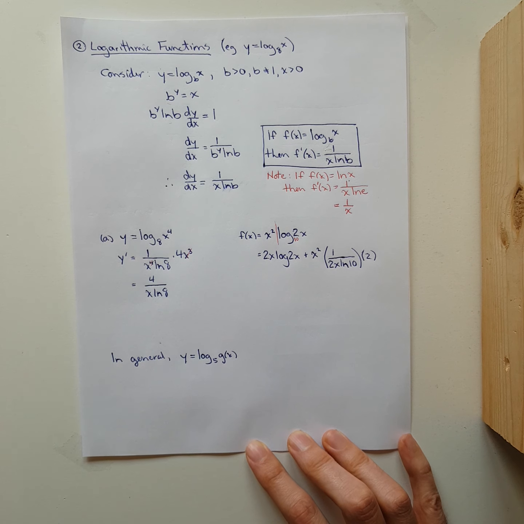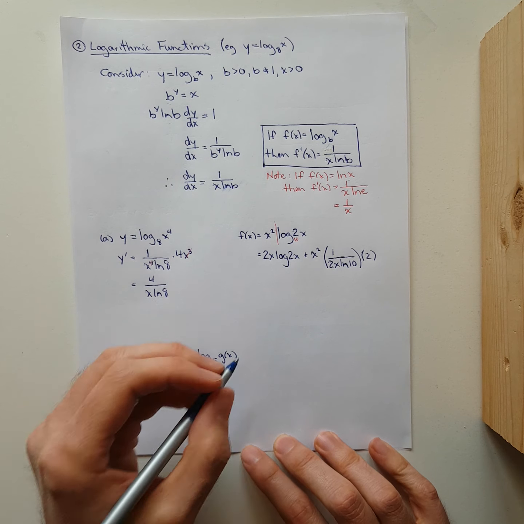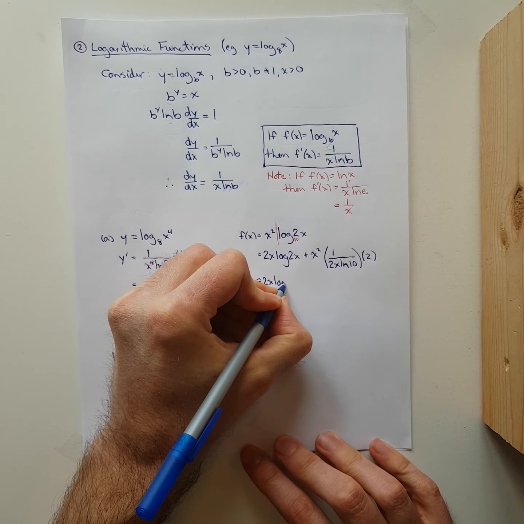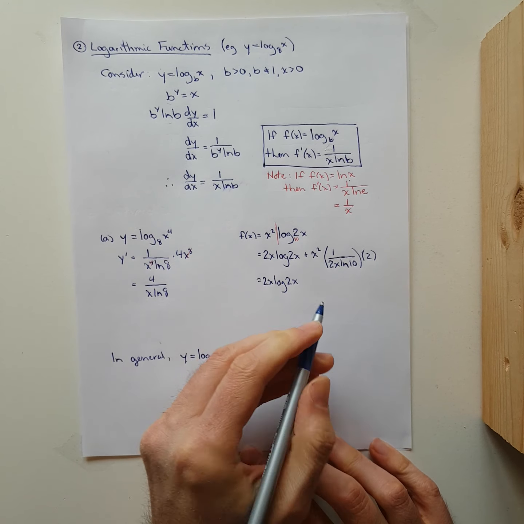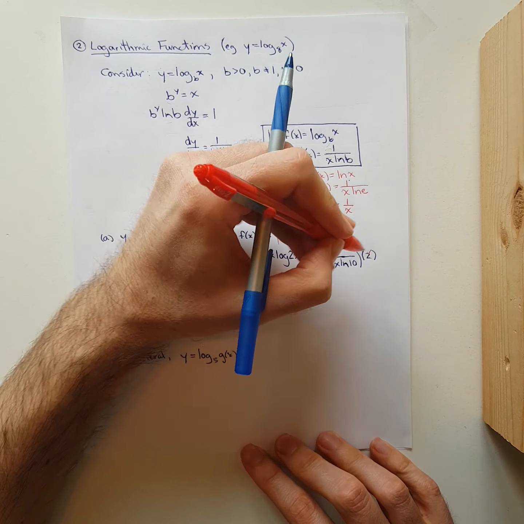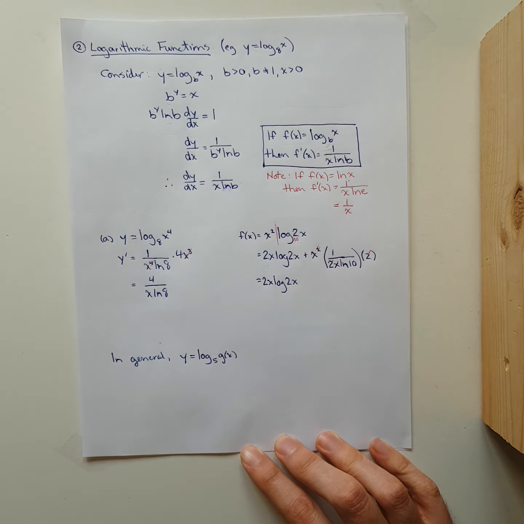Again, we're looking for some possible simplifying that could happen here. The first part doesn't really simplify a whole lot. We would end up with 2x log 2x. This part here we can clean up a little bit. We can see that the 2's would divide out. I can also divide an x with one of the x's here.